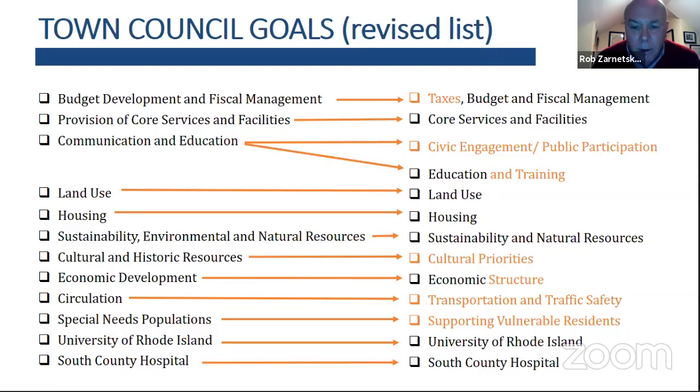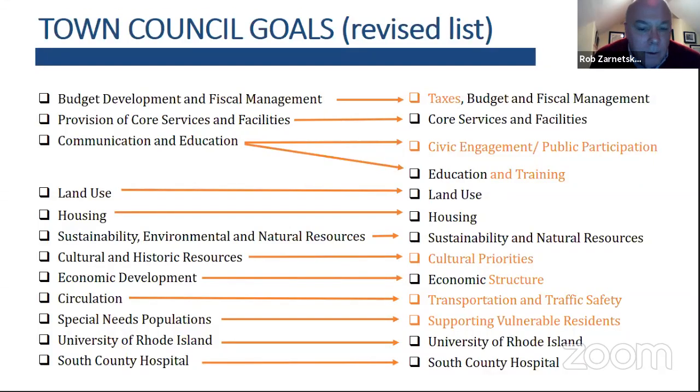We talk about it often as transportation and traffic safety, and I would just suggest that that be changed to use the common nomenclature. Special needs populations, it's supporting vulnerable people or supporting special needs, but I think it's about the support. It's an interesting language thing.